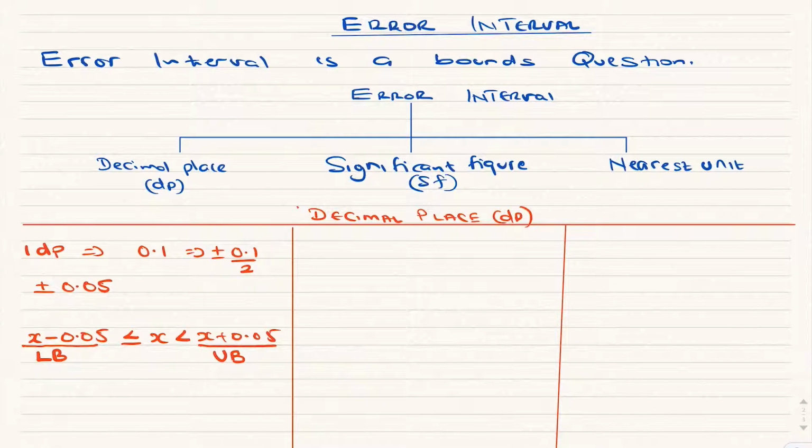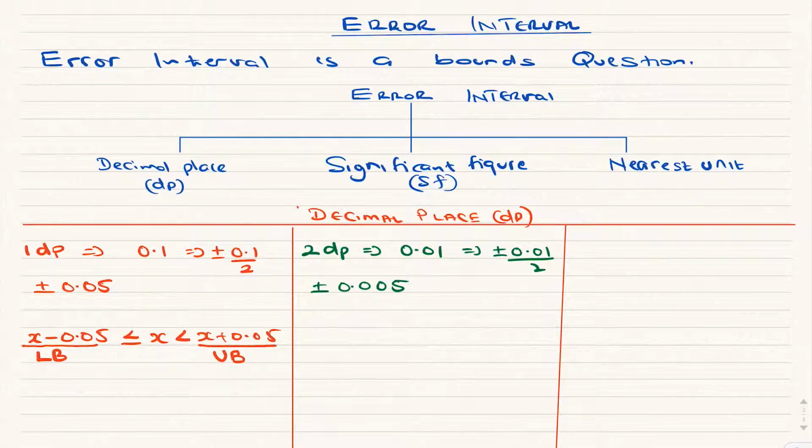For 2 decimal places, 2dp, that implies we should use 0.01, and the bound for 0.01 will be equal to plus or minus 0.01 divided by 2, and that will give us plus or minus 0.005.